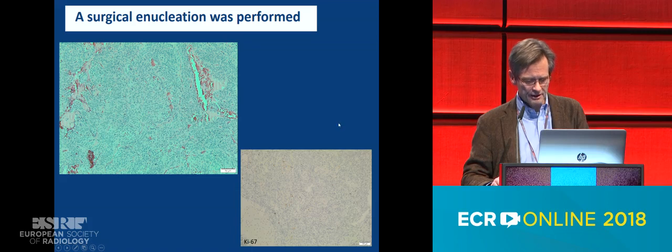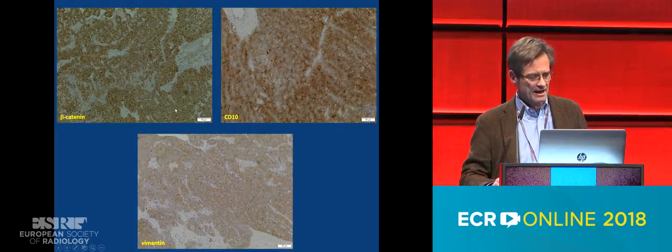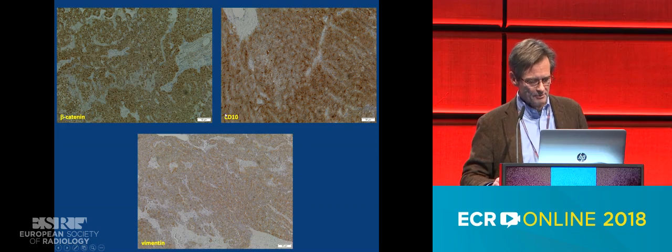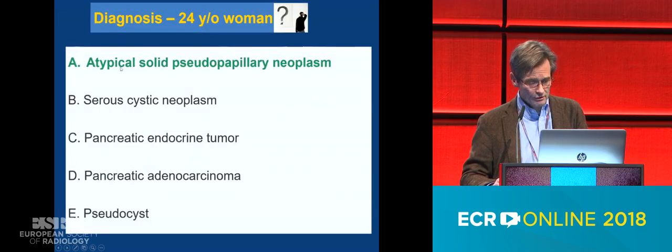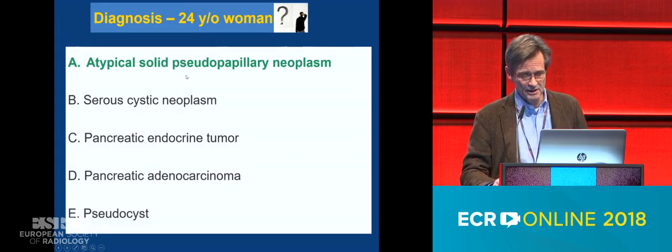Again, a surgical enucleation was performed. The Ki-67 index is greater than in the previous patient. And once again, immunohistochemistry performed on the specimen displayed a beta-catenin positive immunostaining, a vimentin positive, and a CD10 positive, which are quite specific. So the diagnosis in this case was an atypical solid pseudopapillary neoplasm.